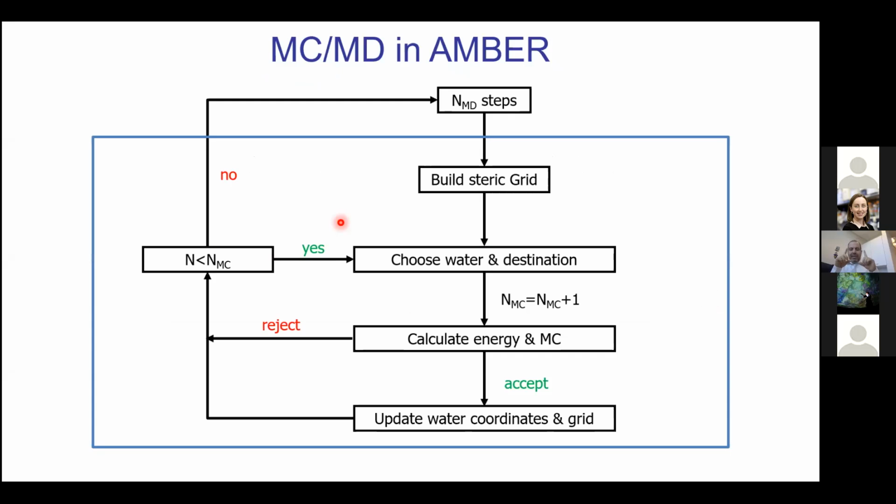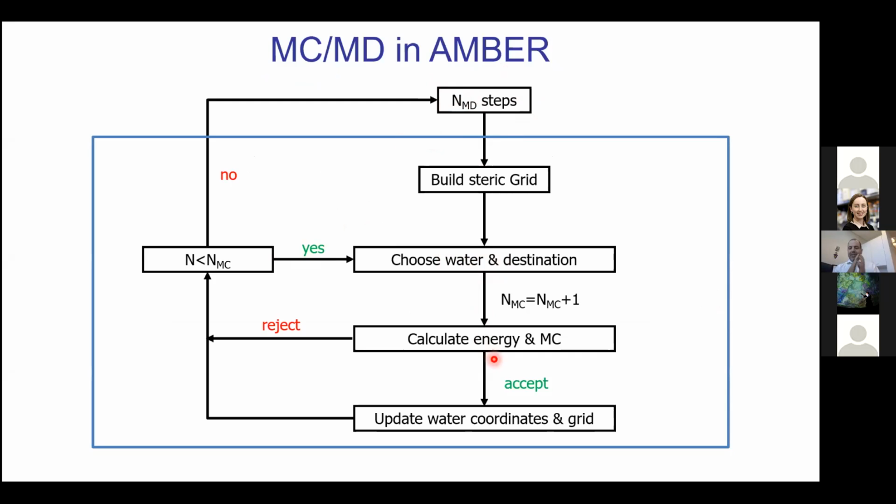A bit about the outline of our program. We perform n number of MD steps. Then we enter our program, marked in blue. We build the steric grid. Then we choose a random water and a random destination.